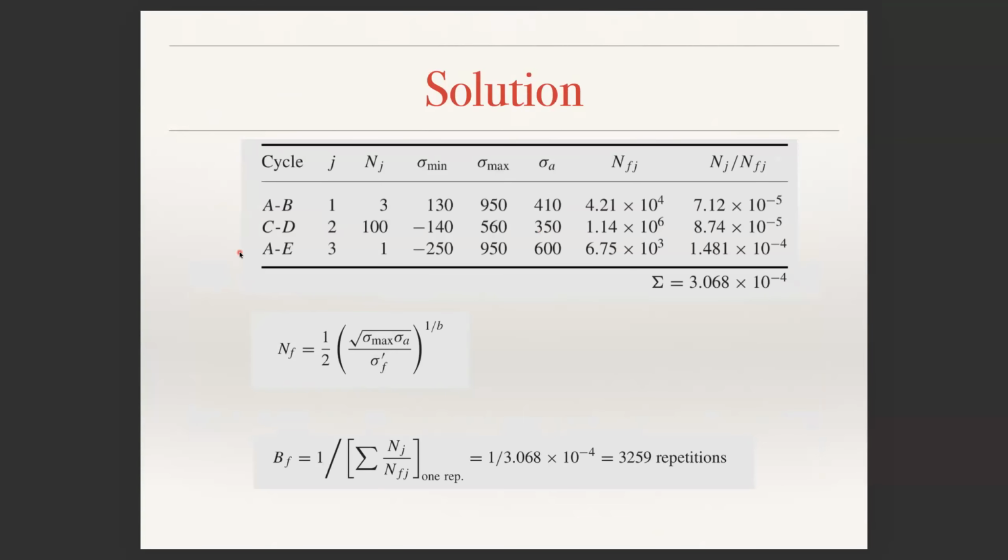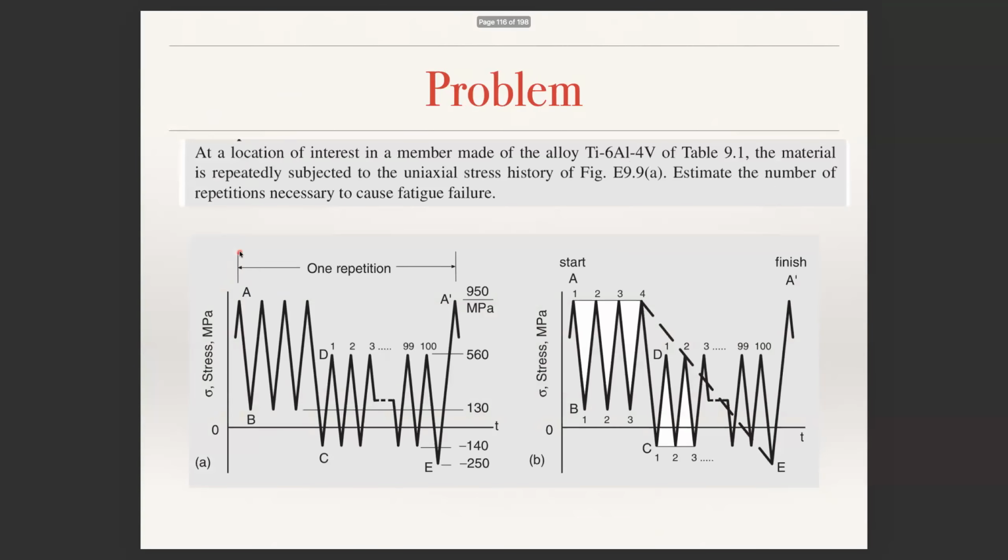Sir, one question here. From A to B, there are 4 numbers. We are counting 3 cycles actually, because this is 1 cycle, no? AB and BA are equal, so that is 1 cycle, isn't it? And similarly, the next one we have 100 numbers. We should consider 99 cycles, sir. No, because it is starting, you see the numbering.